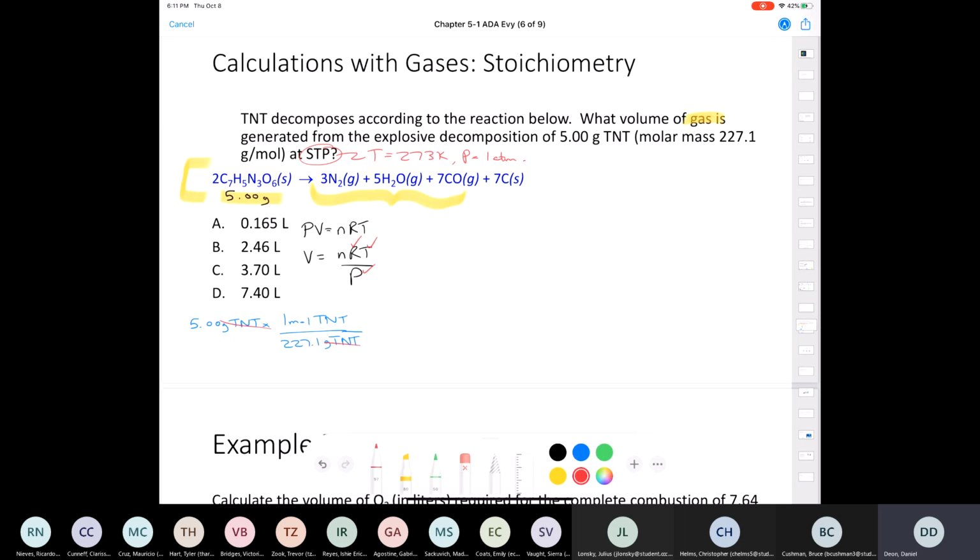If I solve this, I would have the number of moles of TNT. What do I know, though, from my balanced equation? I know that for every 2 moles of TNT, can anybody tell me how many moles of gas I form from 2 moles of TNT?